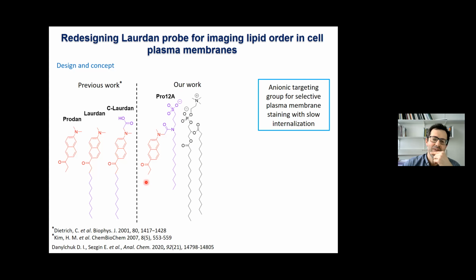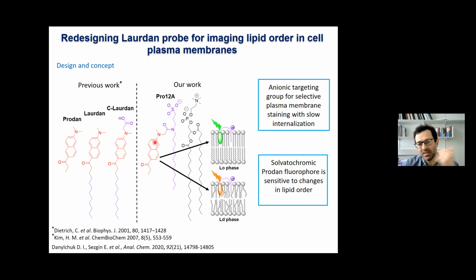And we said, "Okay, we are just doing it for Nile Red. Why not try it for Laurdan?" So we took a Prodan unit, Prodan being a short chain analog of Laurdan, and we coupled it to our preferred anchor group, a sulfonate and alkyl chain.